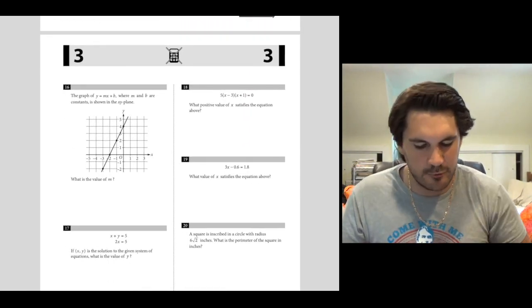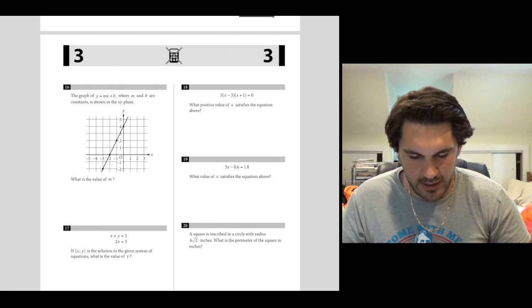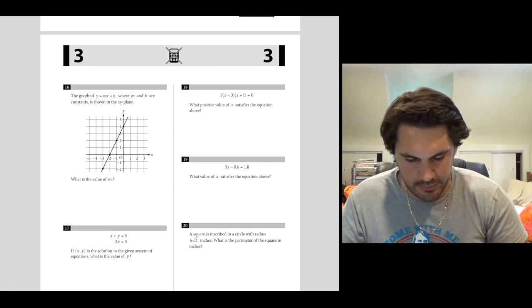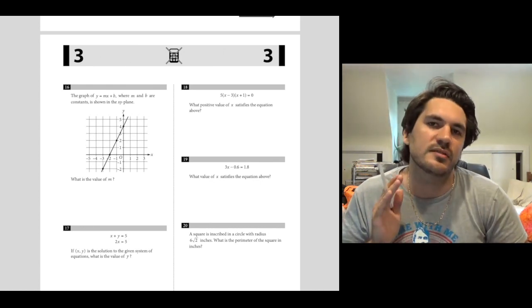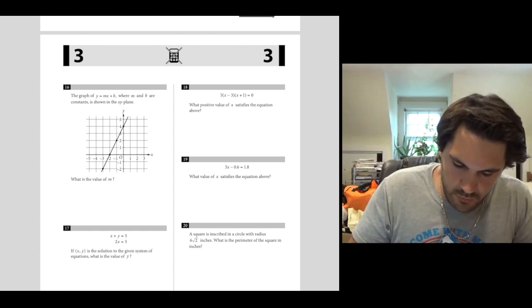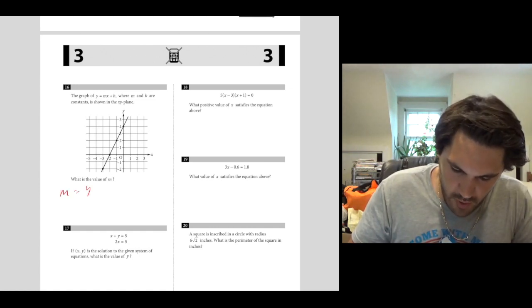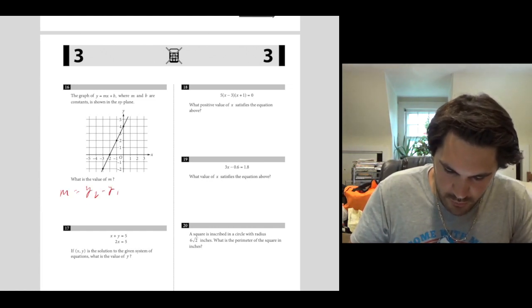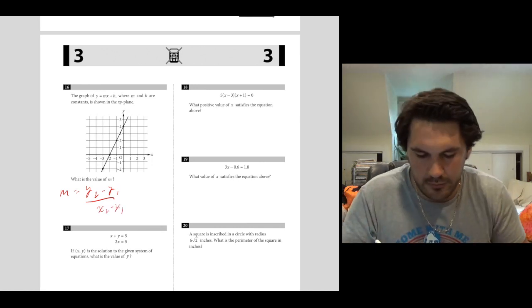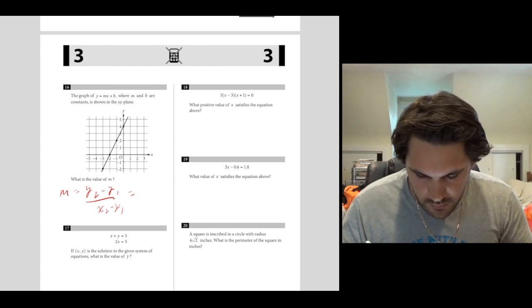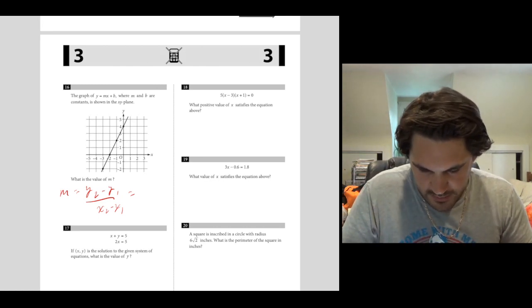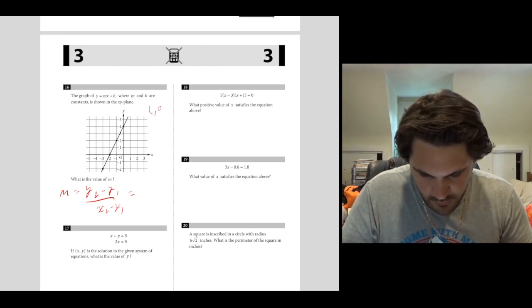Number 16. The graph of y equals mx plus b is shown in the plane. What is the value of m? So m is just the slope. So m is equal to y2 minus y1 over x2 minus x1. So let's just pick a couple values. We see one value is (0, 4).